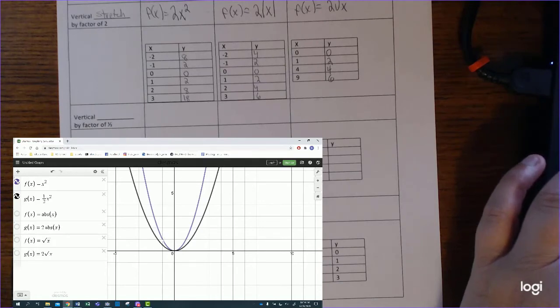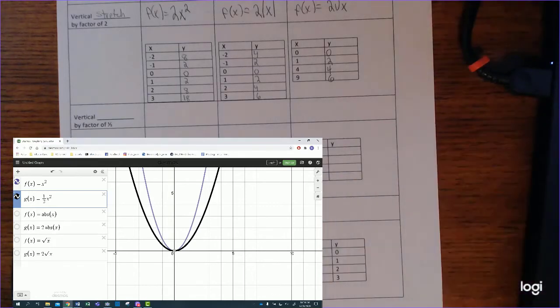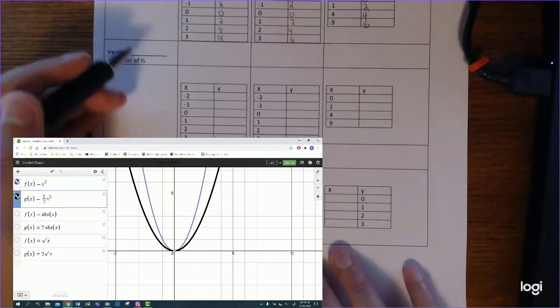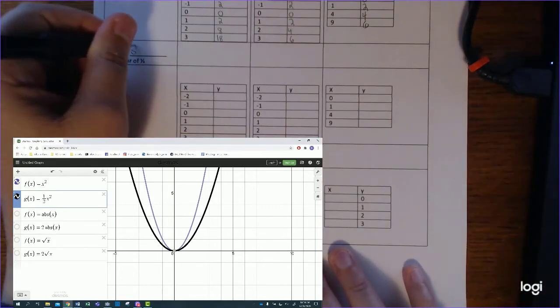So if you look at the ordered pairs, look at this. This is (-1, 1) in the original function, and this is (-1, 1/2). So now the y coordinates are being multiplied by a half. So that means we call this a vertical shrink.